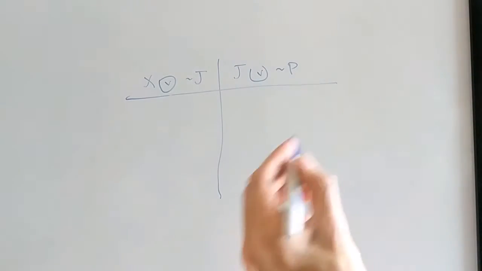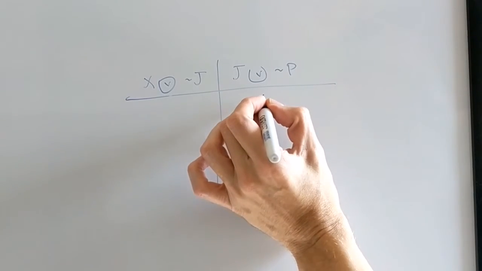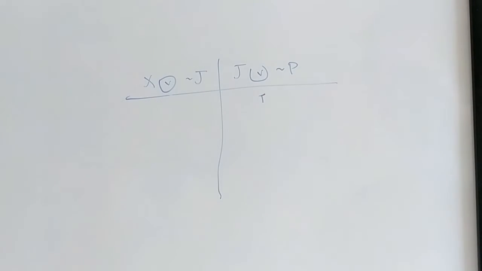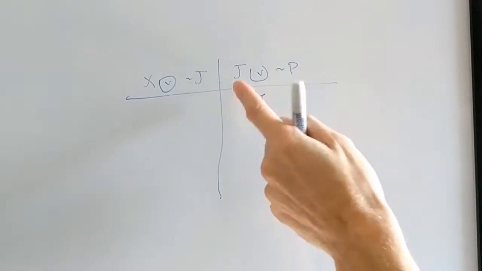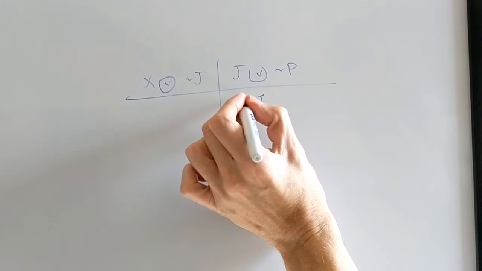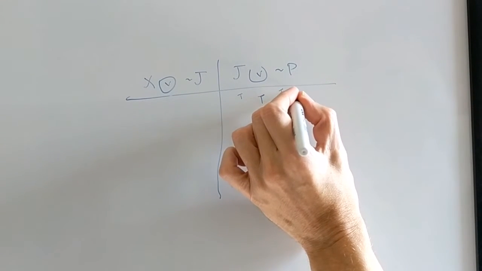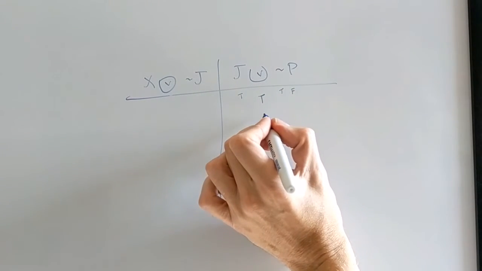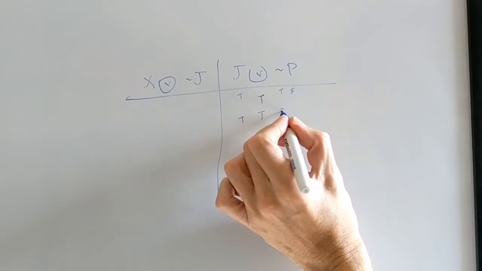And so let's go ahead and do that. Let's force this to be true. Well, there are three different ways for this to be true. Either both are true or one or the other is true. This is true or that is true. So let's start with true, true, which would make P false, right? And another way to make this true is true, false.